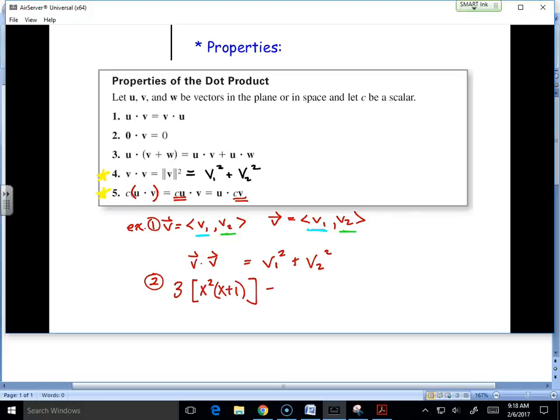Just a couple of you, when trying to simplify this, would do 3x squared plus or minus or times something, and then you would put the 3 again, and that is totally illegal. The 3 would either have to go to the x squared, or the 3 would need to go to the x plus 1. It can go across the addition, but it can't go across the multiplication.